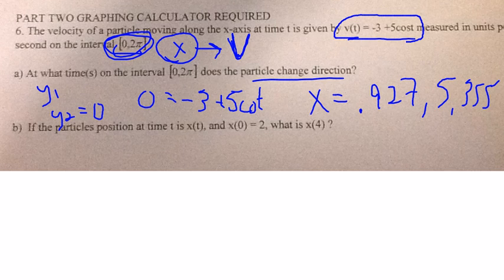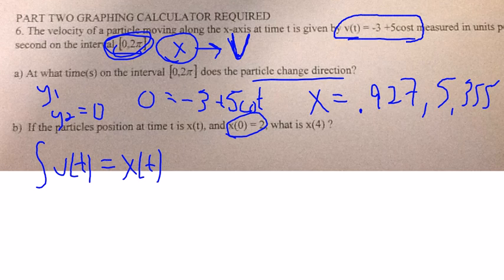So the next one says, and this is where we get into integrals, the particle's position is x of t, and x of 0 is 2, then what is x of 4? So if you think about it, the integral of v of t is x of t, right? And then this 2 becomes my starting point.